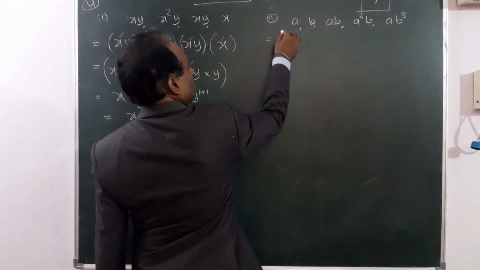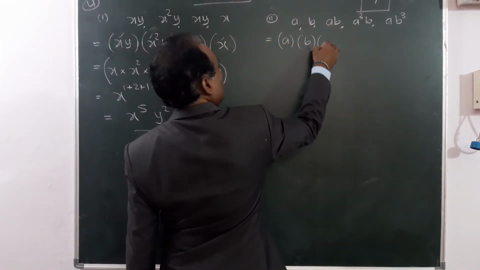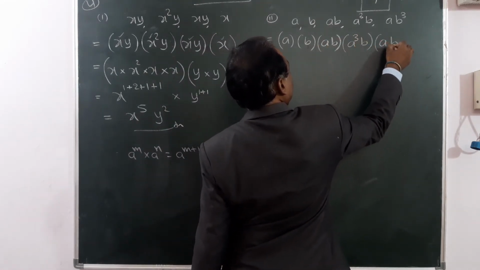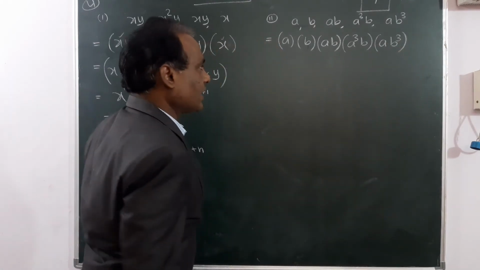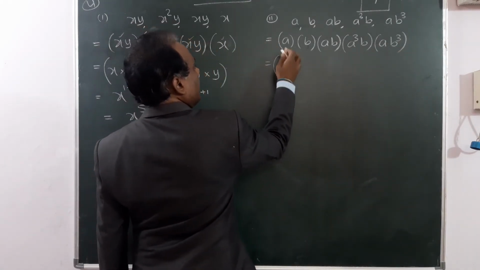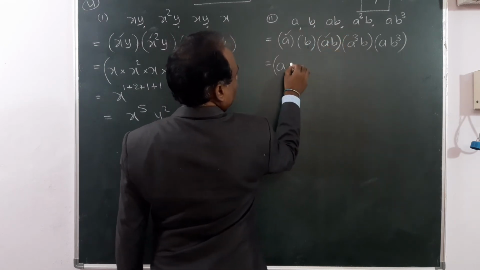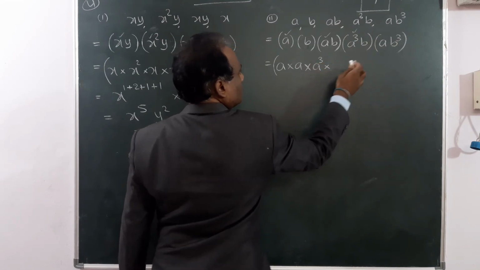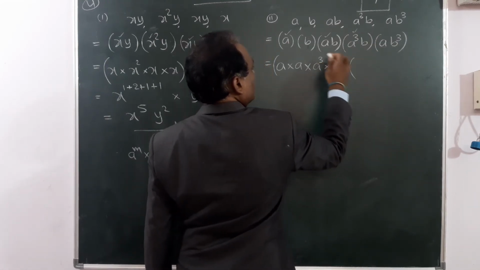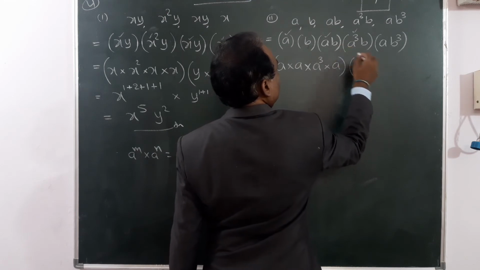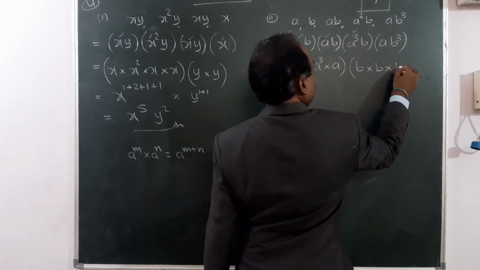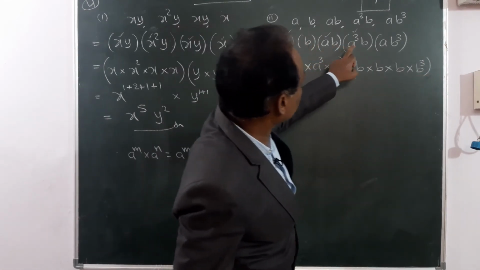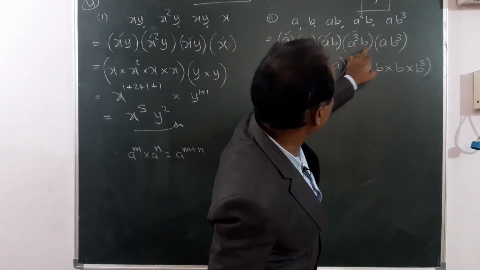Same, multiply this: A into B into AB into A cube B into AB cube. I will write all A terms in a separate bracket: A, A cube, A, A. Next B, B, B, B, B cube.